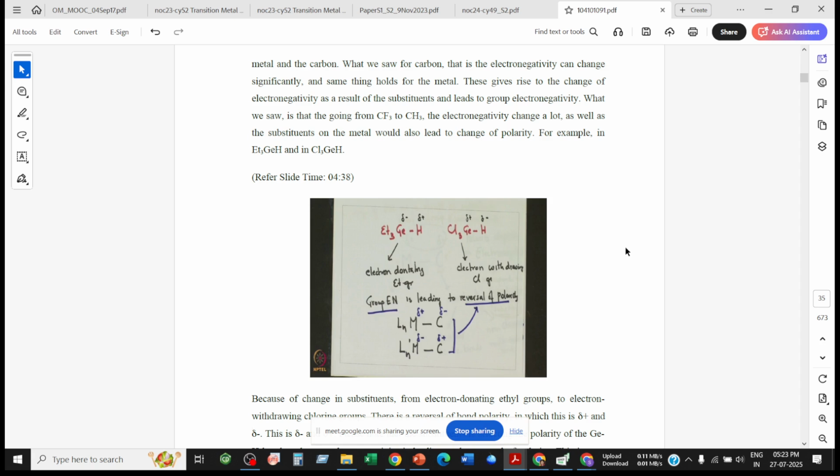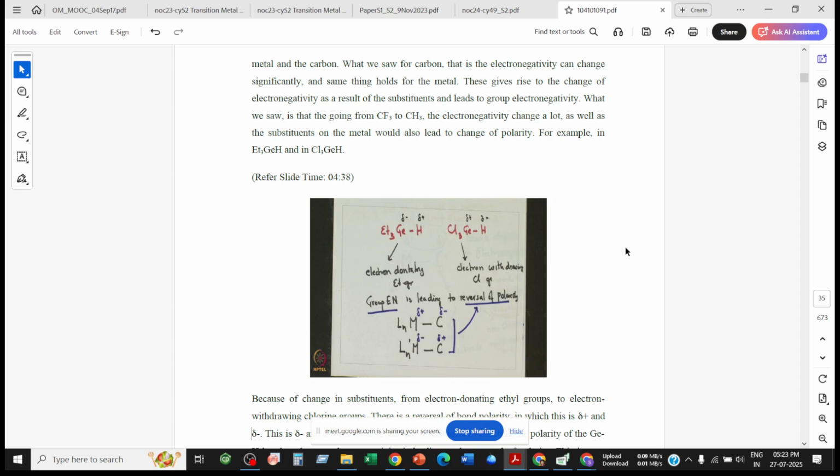Let's say here you can see that an ethyl group is there in that slide, and here a chloride group is there. The ethyl group is an electron donating group, whereas the chloride group is an electron withdrawing group. So the group electronegativity leads to a reversal of the polarity. Because of the highly electron donating nature of the ethyl group, the germanium center becomes highly negatively charged.